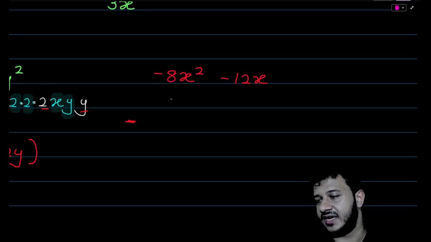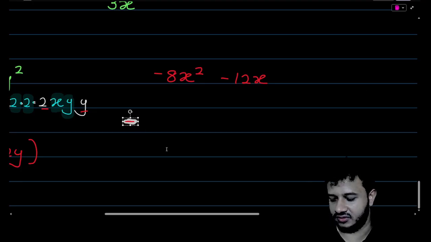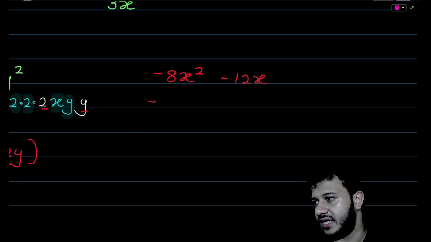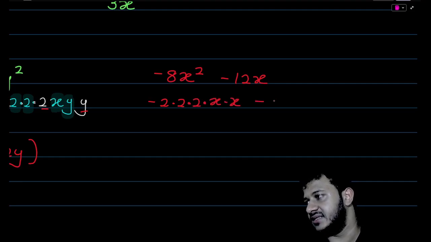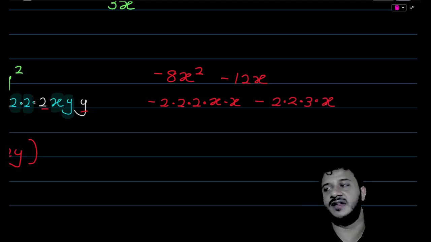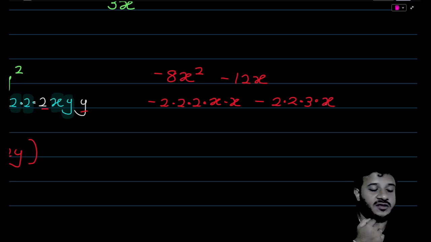Both of them have a negative, so the negative comes out. So negative 2 times 2 times 2 times x times x minus 2 times 2 times 3 times x. Okay, factorize it quickly and then you can go.